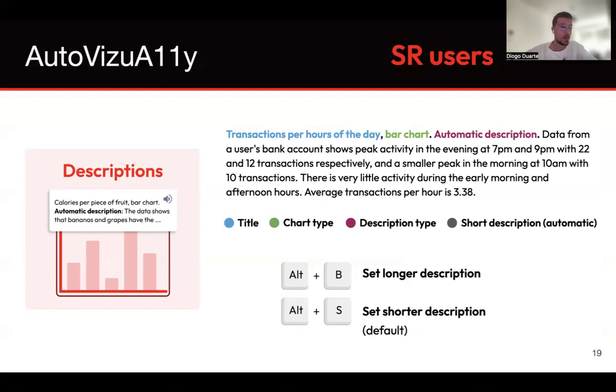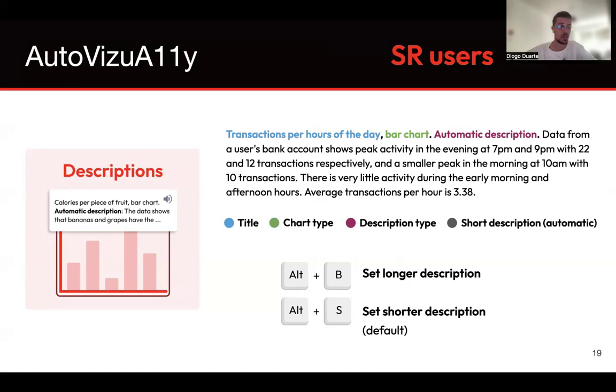In this summary example, the screen reader would announce the title of the chart, its type, whether or not the description was automatically generated, and finally, one of two descriptions of the data, those being the longer and the shorter description. So the longer one is the first one being generated by the large language model without any size restrictions.